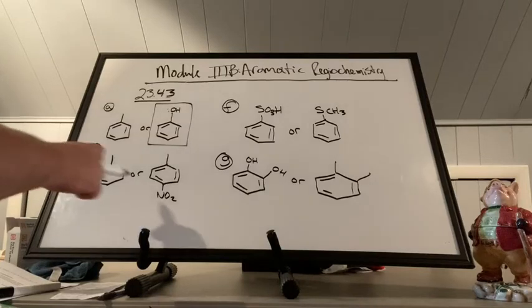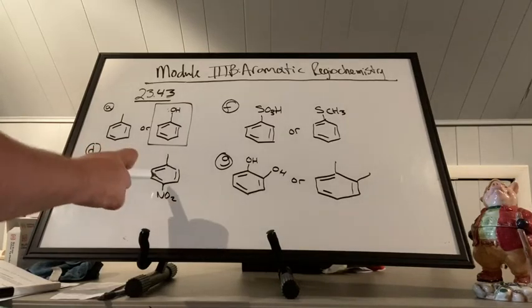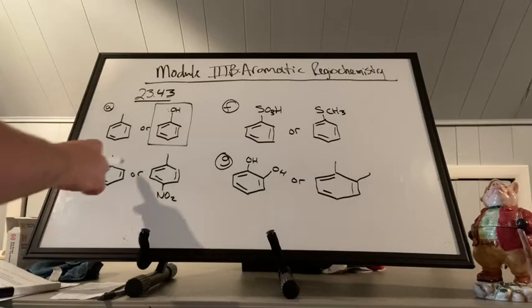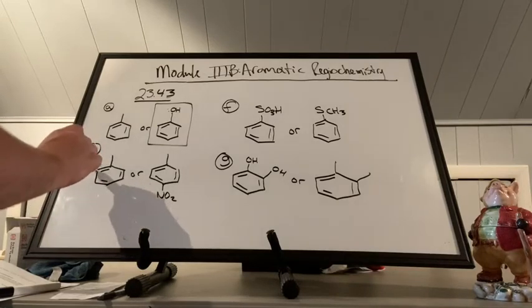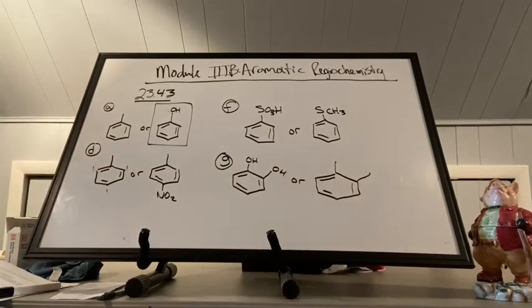Okay, next is D. So we have, again, toluene, and then we have nitro, or para-nitrotoluene, here. Okay, so the nitro group is going to be in places where things would end up in the para position. So remember, for toluene, these three sites are going to be the most activated.